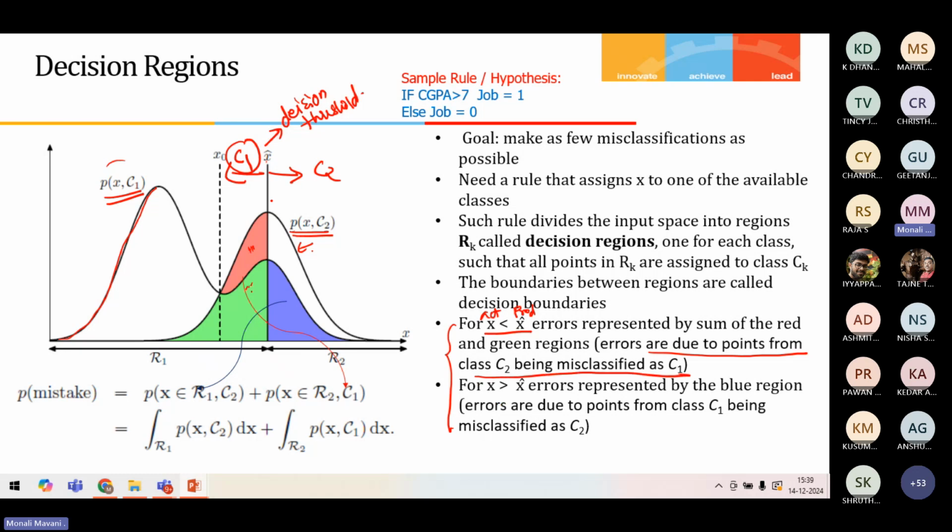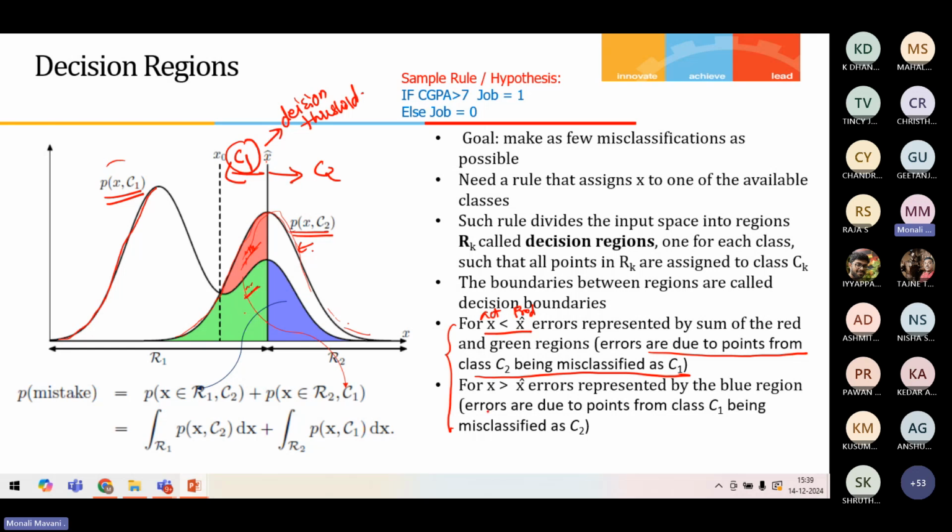The model is predicting, as per my threshold, that they belong to C1, but you can see the red part and the green part actually belong to C2. Suppose the data points belong to C2, but because of our threshold, our model is predicting them as C1. So red and green are the error for the class C2.